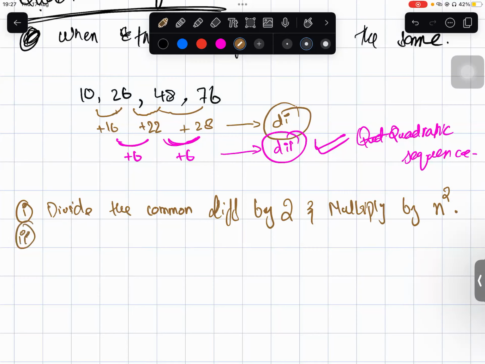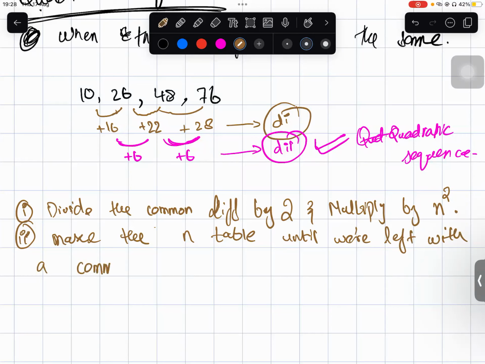And the second step would be to add, or in fact, let's just add a table here. Second step would be make the n table until we're left with a common difference.